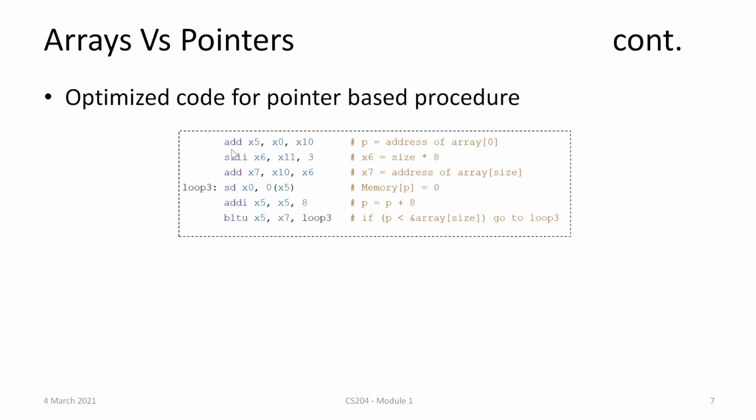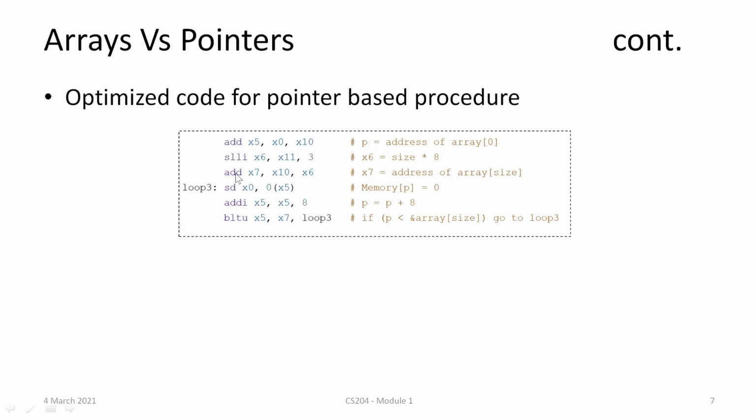So the compiler can identify these redundant operations, and it can move the SLLI and ADD instructions out of the loop. Earlier they were part of the loop, now they have been brought out. So the address of the last element of the array is calculated only once and reused multiple times.